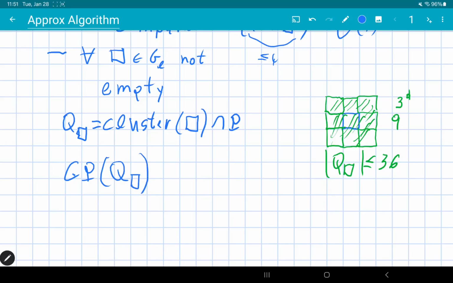Again, since the number of points is a constant, this is going to be constant time, and we do it for every grid cell that is not empty. So overall, this is going to take linear time. And again, we check the closest pair distance we computed. If it's smaller than L, we say niet. If it's equal to L, we say yes, this is the distance.